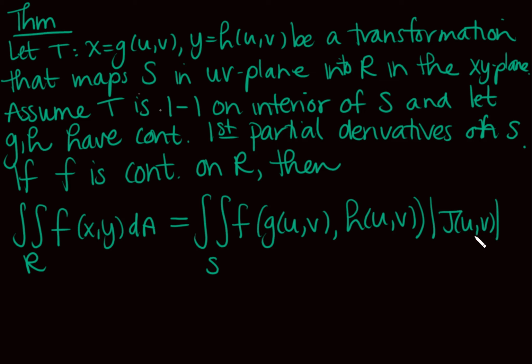Sorry, let me write this down. This is the absolute value of the Jacobian, okay? So the Jacobian itself is a determinant, which could be negative, but you want to take the absolute value of it. Anyway, sometimes it's hard to figure out what you're going to let u and v be, and sometimes you're just going to be given what u and v are, and those are nice because then you just work with those. So let's do a couple examples, and then we'll call this good.